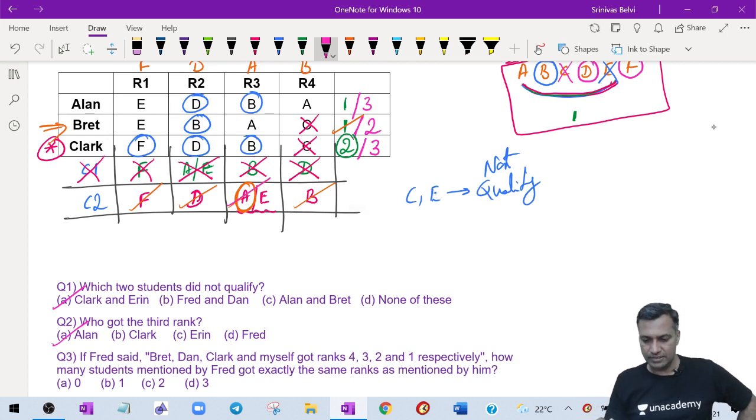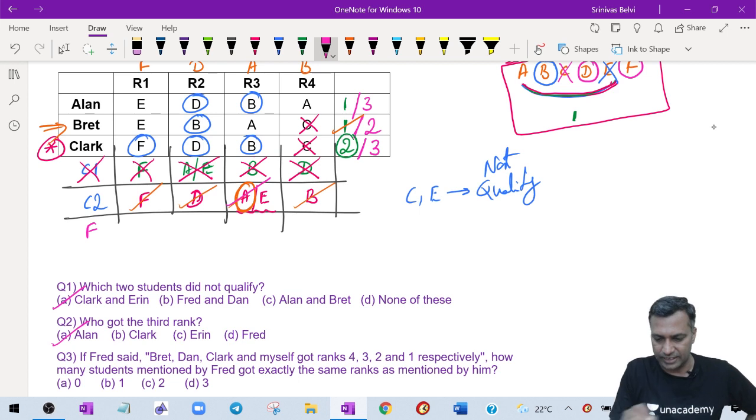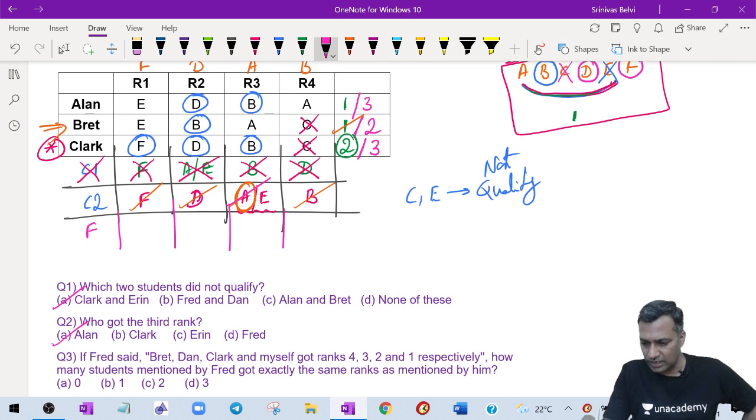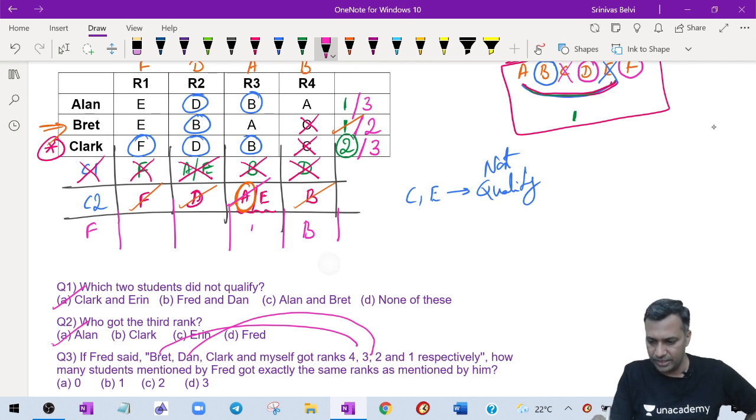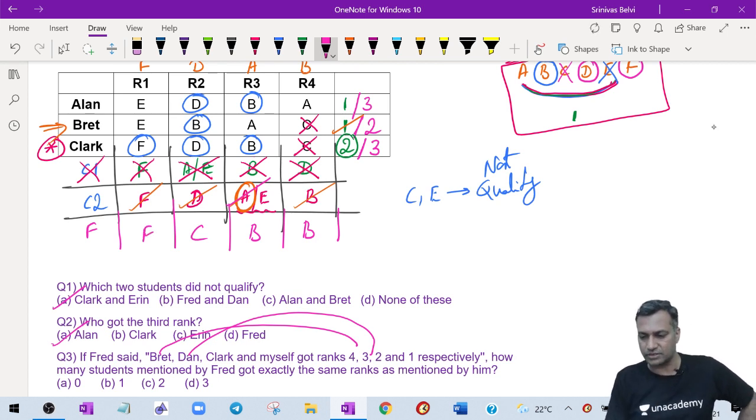If Fred said that, okay, let us write what Fred is trying to say. Fred has said that B got the fourth rank, D got the third rank, B got the third rank, and C got the second rank, and I myself, that is Fred, got the first rank. Then how many of the students mentioned by Fred got exactly the same rank as mentioned by him?